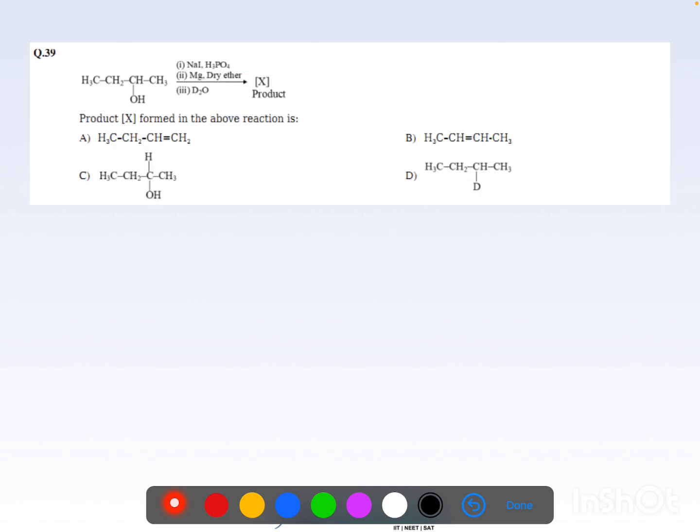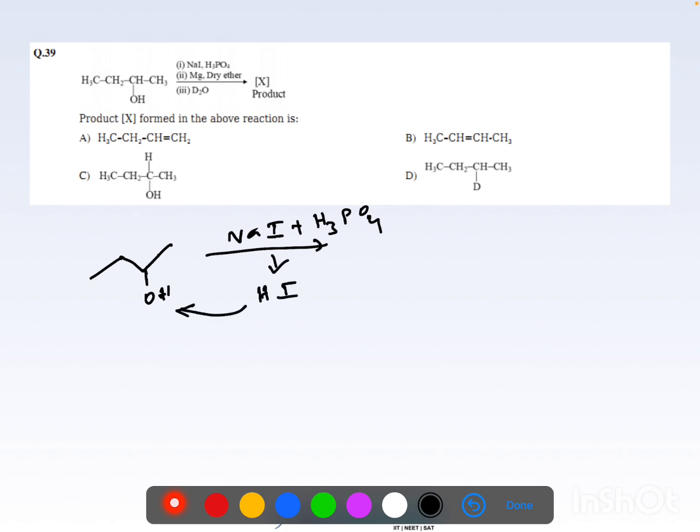So in this question, a secondary alcohol is given. It is treated with sodium iodide and H3PO4. When NaI and H3PO4 are combined, it will produce HI. This HI will react with alcohol to produce alkyl iodide.